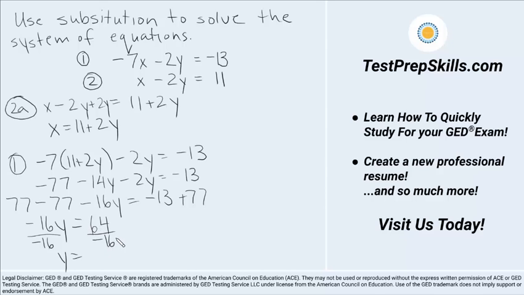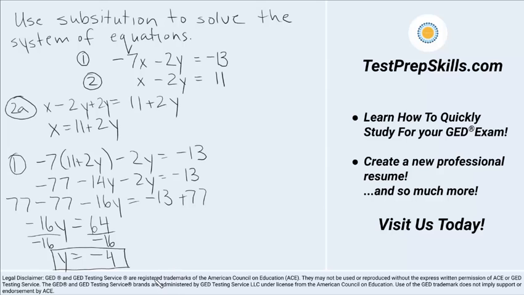This is a fraction, but it's also a division. A fraction is just a division we have not performed yet. So 64 divided by negative 16 is simply going to be negative 4. Okay, so we know our value for y.